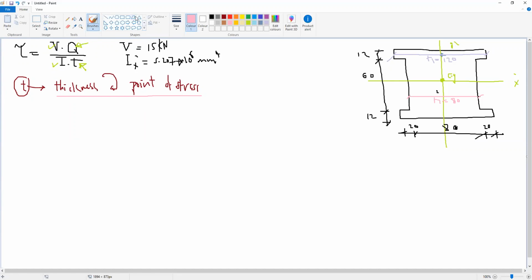Okay, the last thing we need to know is Q. Q is the moment of area at the point of stress around the CG.